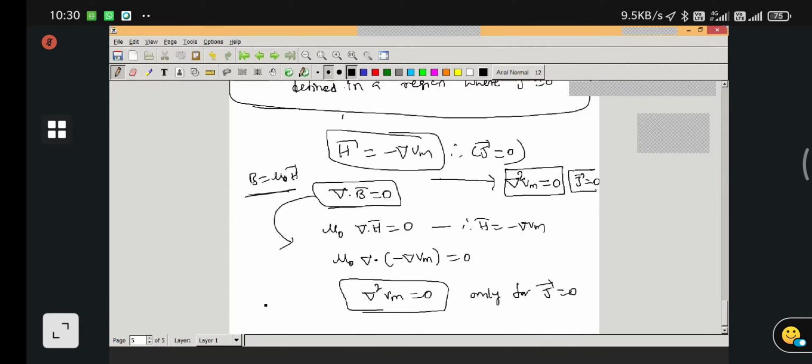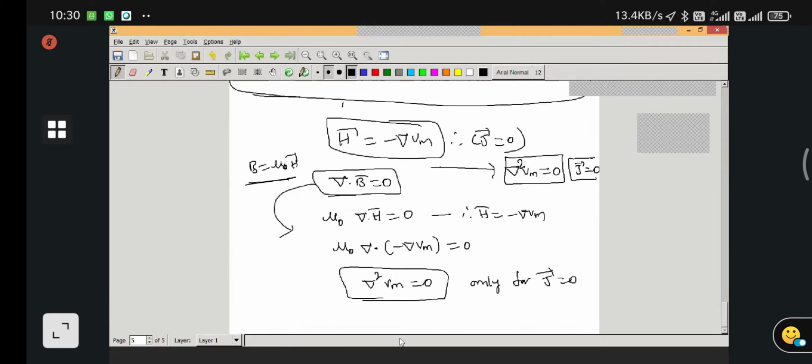Okay, directly defining the magnetic scalar potential: Vm is equal to minus the integral from A to B of H dot dl. What is the unit of magnetic scalar potential?